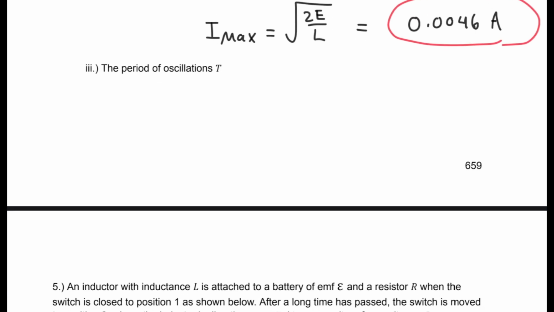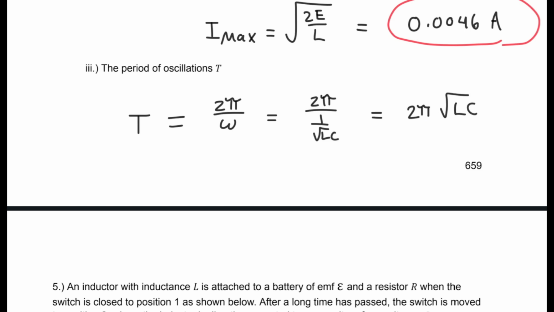And the period of oscillations T is defined as 2 pi divided by omega, which is 2 pi divided by 1 over the square root of LC, which is the same as 2 pi times the square root of LC. Plugging in our values of L and C, we get 2.81 seconds as our oscillation time.